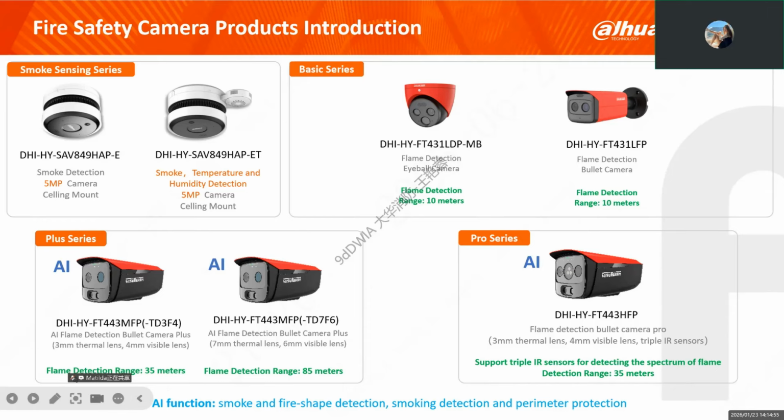For this model, the flame detection range is about 35 meters, and for the other model, the flame detection distance is about 85 meters.